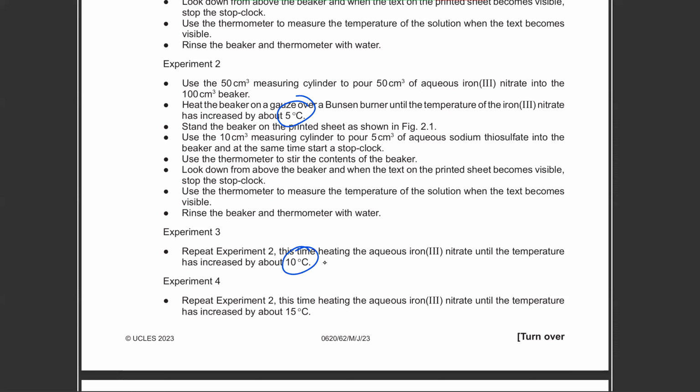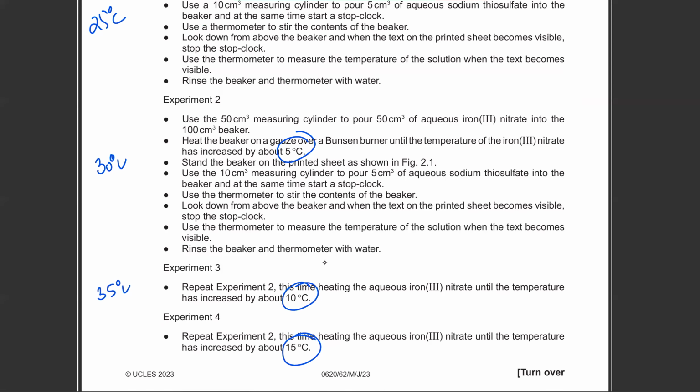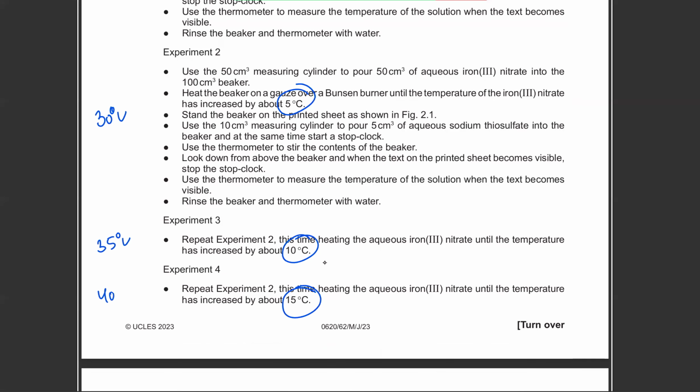Fourth experiment, he changes to 15, right? So if the first experiment happened at 25 degrees centigrade, the second probably happened at 30, the third at 35, and the fourth, every time he's heating it with a Bunsen burner, right? Is that clear?